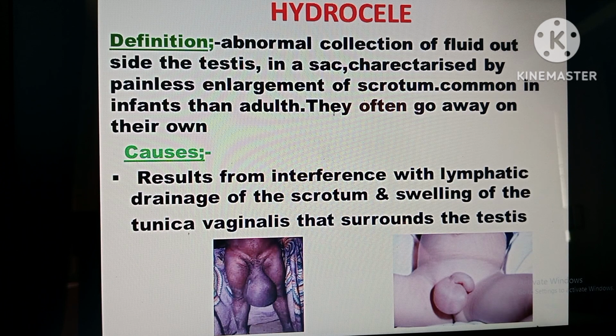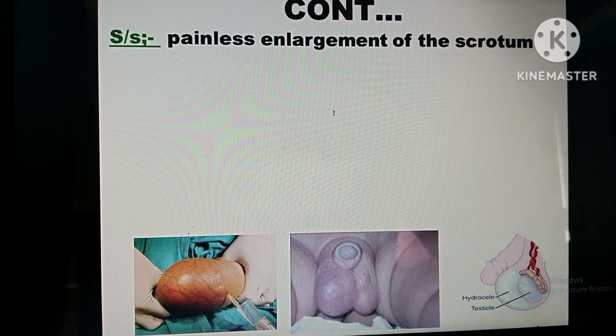Due to the blockage it cannot move forward, so excessive fluid collects in one particular area and the scrotum enlarges. Due to that enlargement, the tunica vaginalis swells. What is the tunica vaginalis? It is the outer covering of the testes.